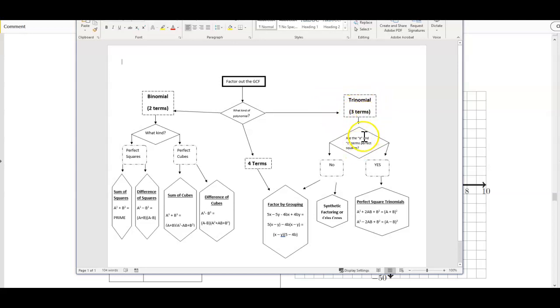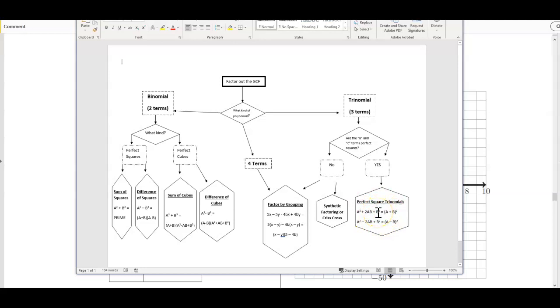And so the first thing it says is, are the A and C terms perfect squares? I mean that first and last term. Are those perfect squares? Kind of like the one that Rachel just asked about before. But it also has a middle term in it as well. And if it is, then you could factor it with perfect square trinomials.